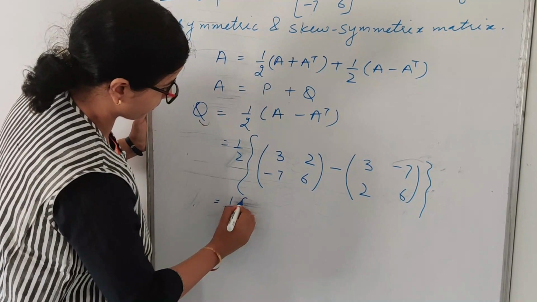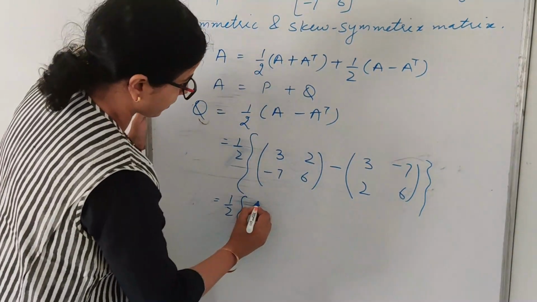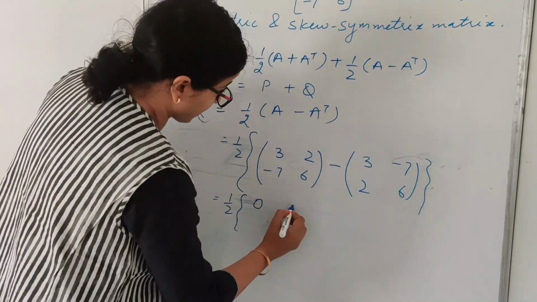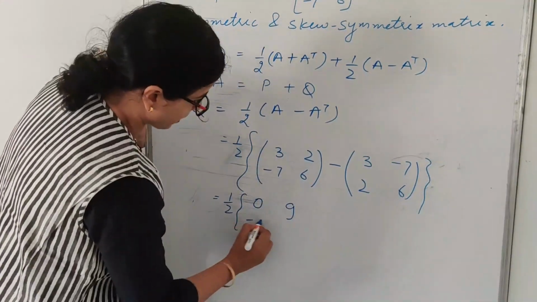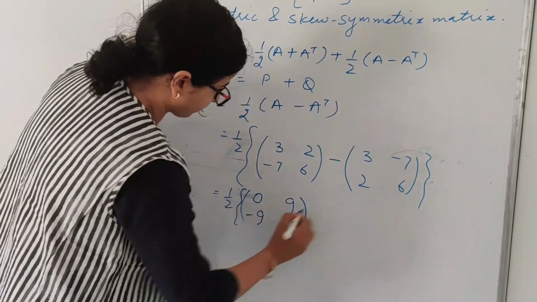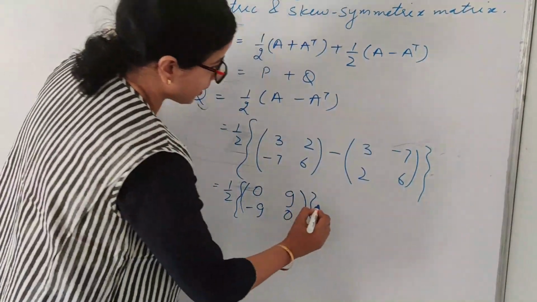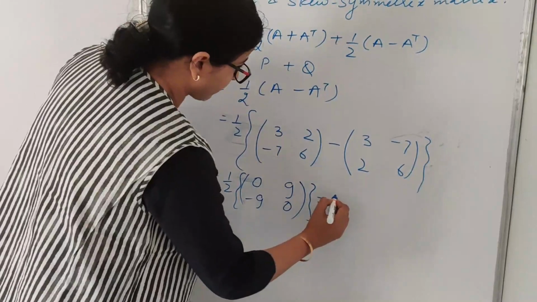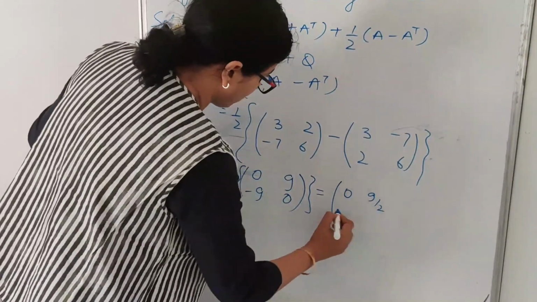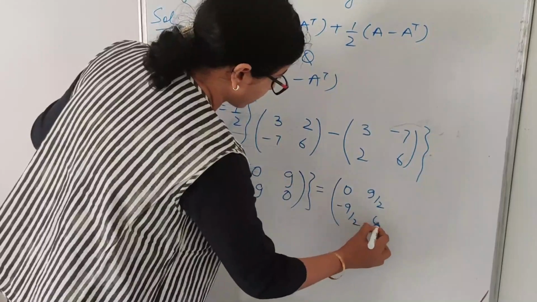So half, what I am getting? 0, 3 minus 3, 0. 2 minus of minus 7 means 9. This is minus 9. And 6 minus 6 again 0. Okay. So now we can write this as 0, 9 by 2, minus 9 by 2, 0.